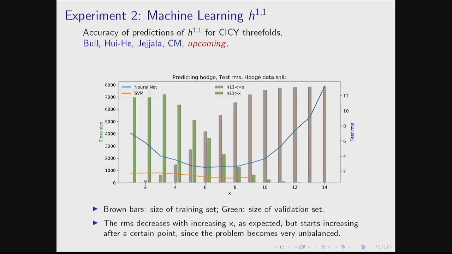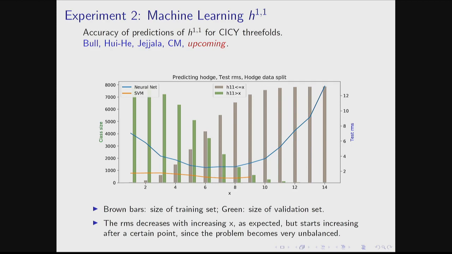So these are the errors that one can look at. The green ones are the validation set, as in the size of the validation set, and the gray ones are the training sets.